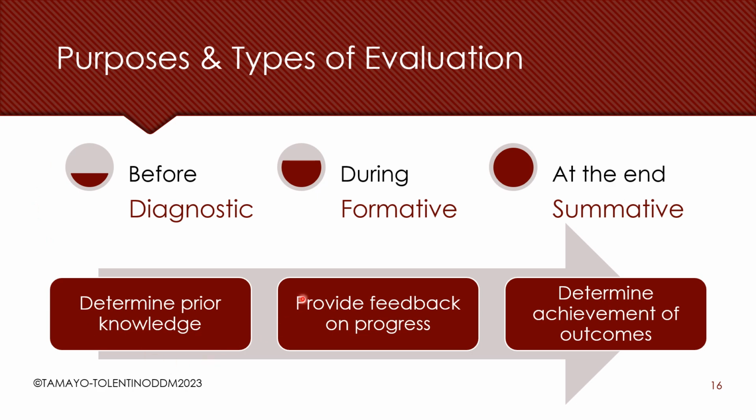If the evaluation is done before the instruction, it is for diagnostic purposes, or for the purpose of determining what the students already know about the topic or content to be taught so that changes can be made to build up on this previous knowledge. And then we have the formative assessments, which again are done during the instruction, the purpose of which is to provide feedback to the learners to redirect their learning process such that the achievement of the outcomes will be fulfilled at the end.